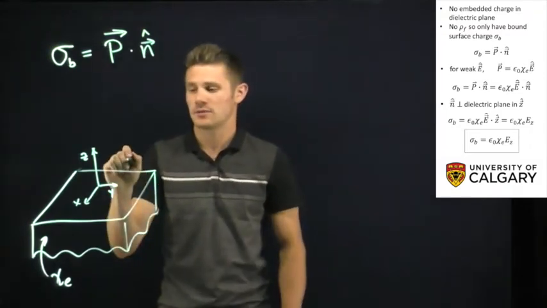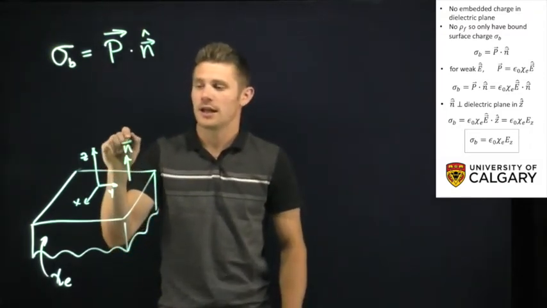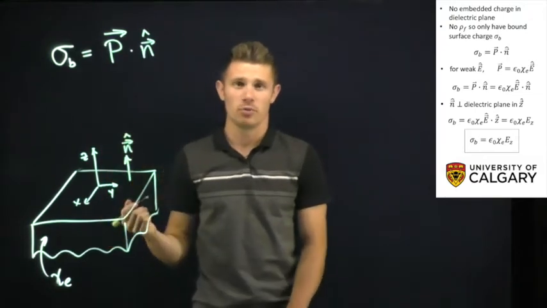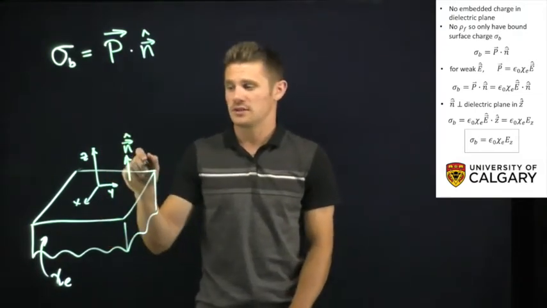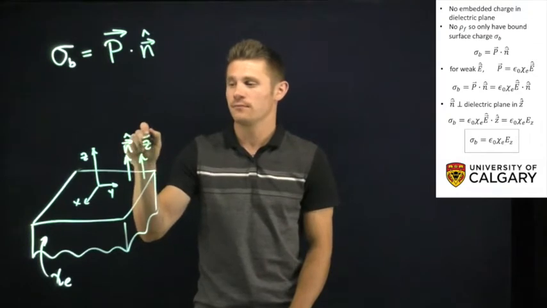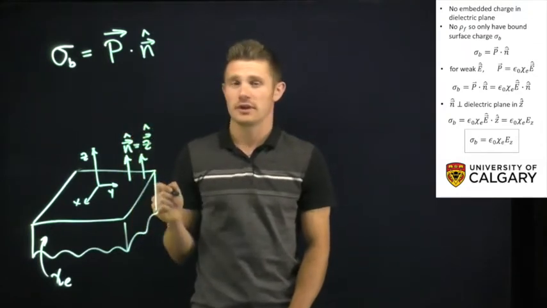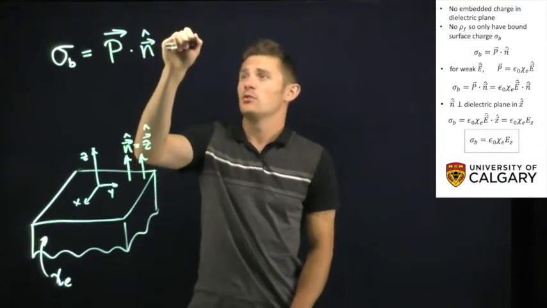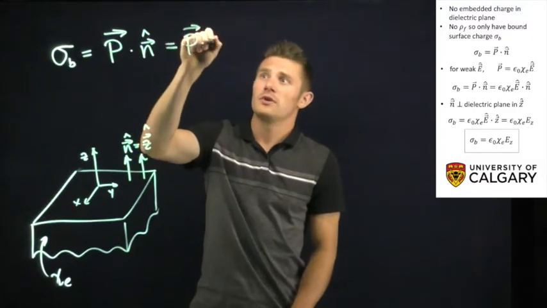Because we're in the xy plane, n hat will be pointing perpendicular to all points on this plane, which is essentially in the z hat direction. So we know that sigma b will actually be P dotted with z hat.